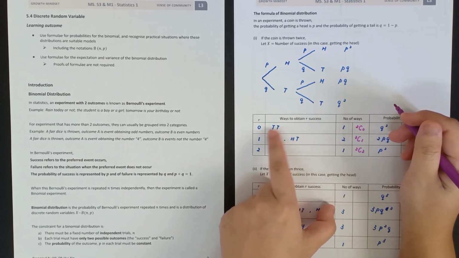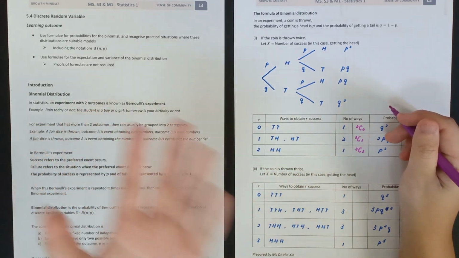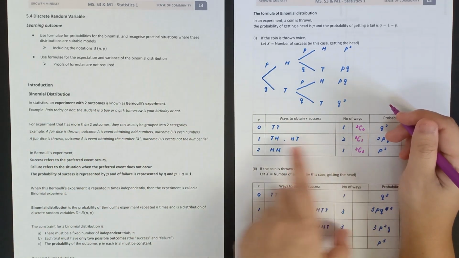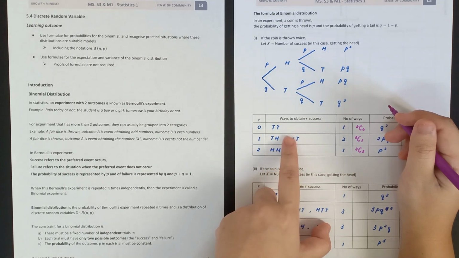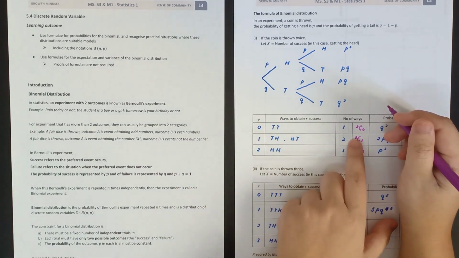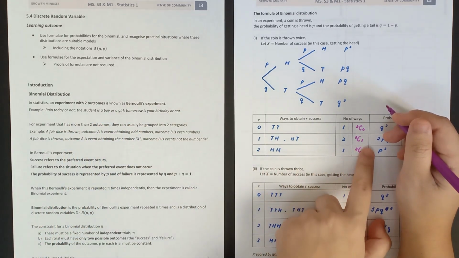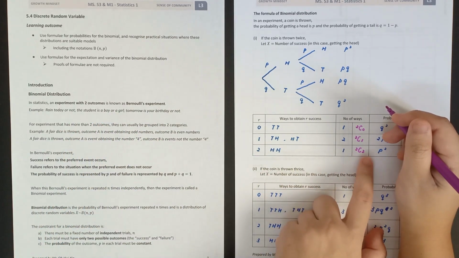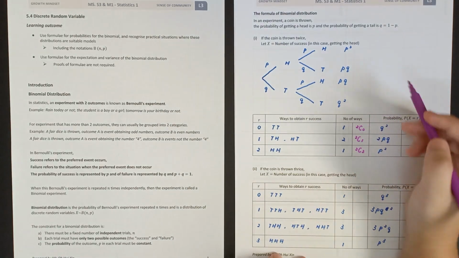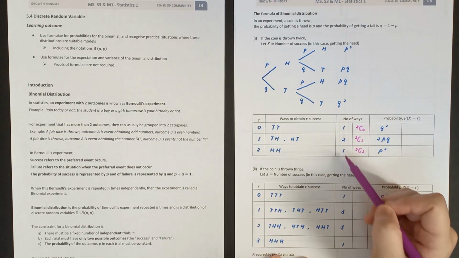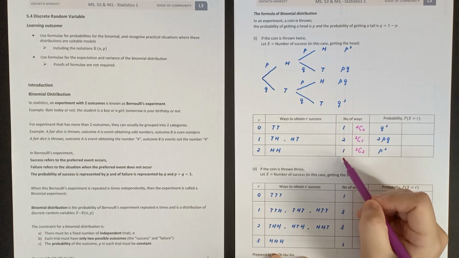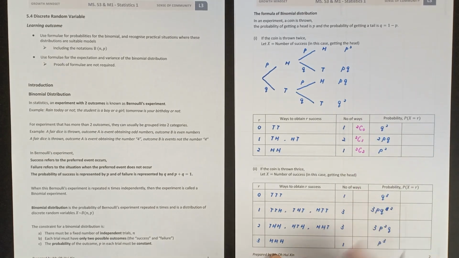Out of the 2 trials, I don't have anything that gives me a head, so that's why 0. Out of the 2 events that I did, one will give me a success, so that's why I put 1. The other one I have 2. After I find it out, you can realize this is 1, 2, 1.